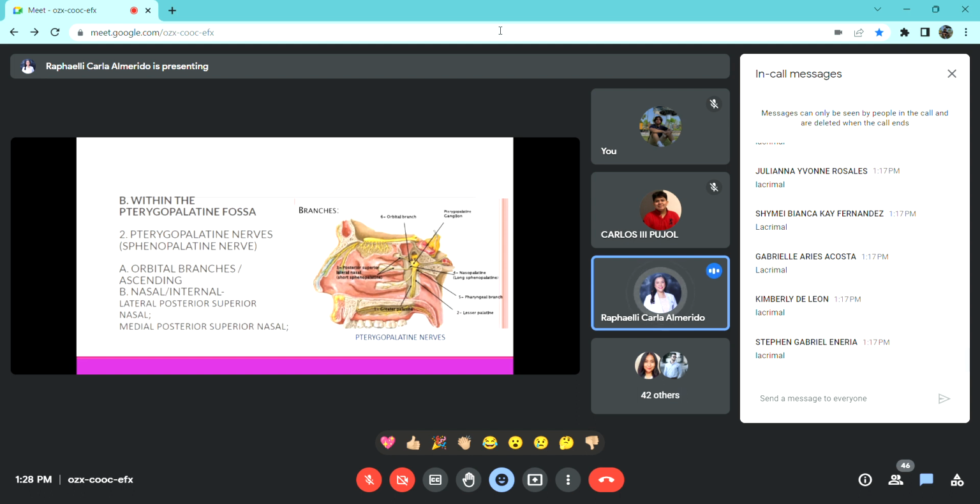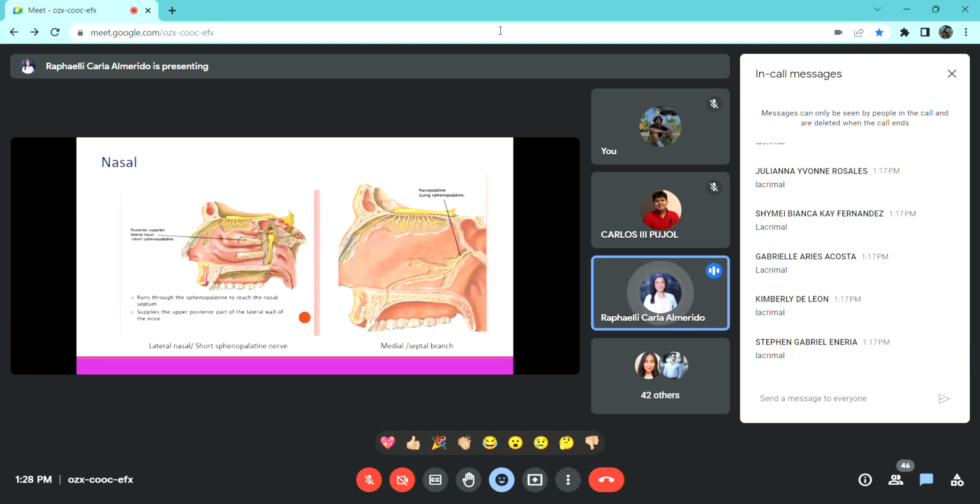Sorry for that. Let's look at it closely. I hope you can read it on your screen. For me it looks a bit small. So for your nasal, again, we said it has the lateral nasal branch.